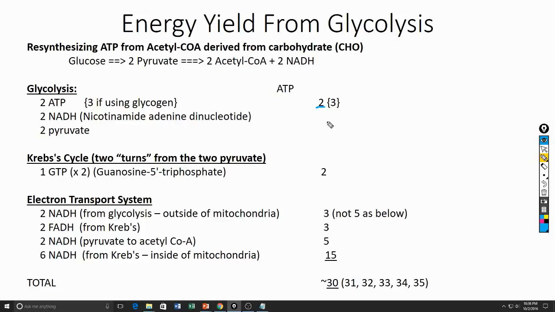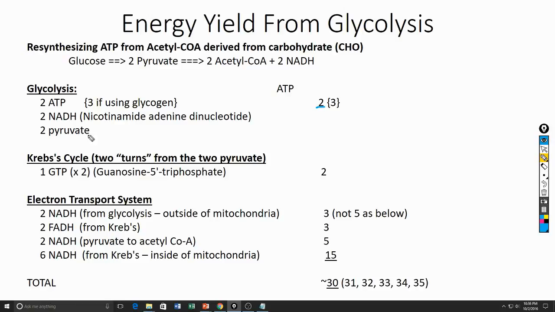There's nothing else. But if that pyruvate that's derived from the glucose goes to acetyl-CoA instead, and gets brought into the mitochondria, each glucose molecule gives us 2 turns of the Krebs cycle. And as we remember, you get about 20 ATP, because you get about 10 per turn there.